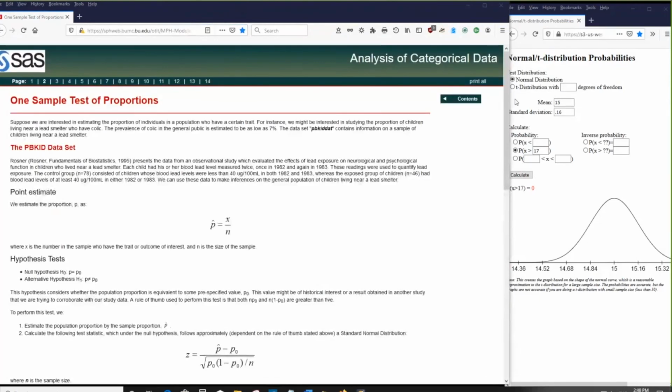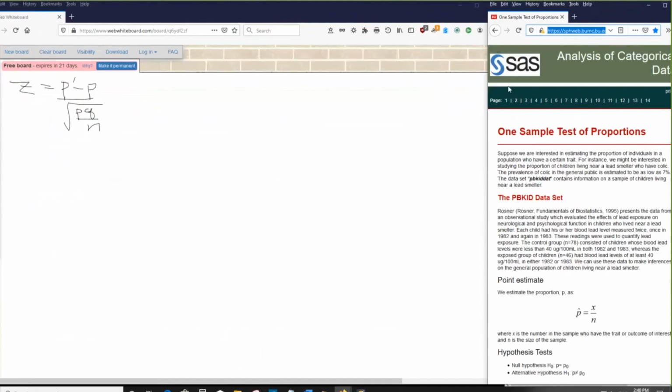Okay, so this is from Boston University. Your book gives you practice problems with using population, but it doesn't really tell you how to solve them. So this is a good website from Boston University.